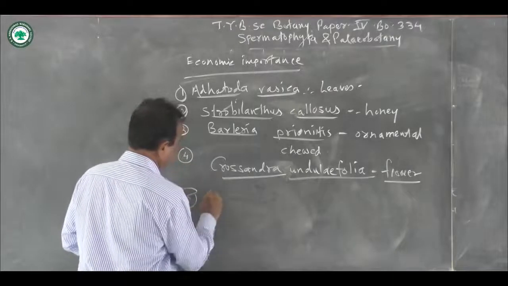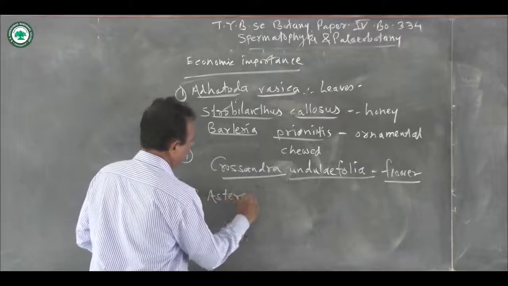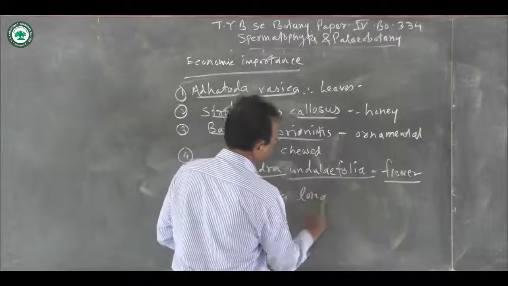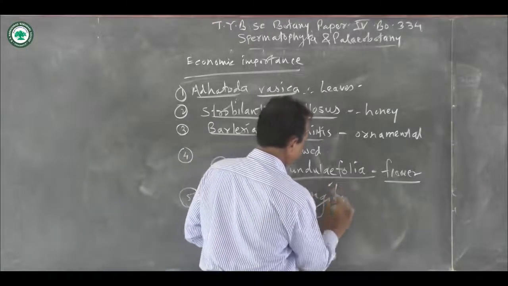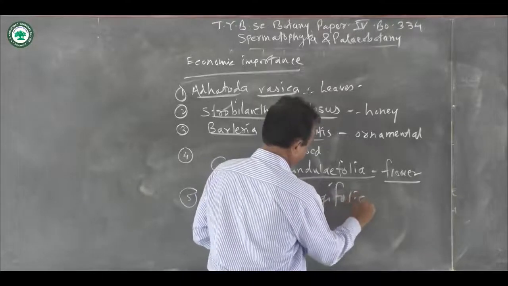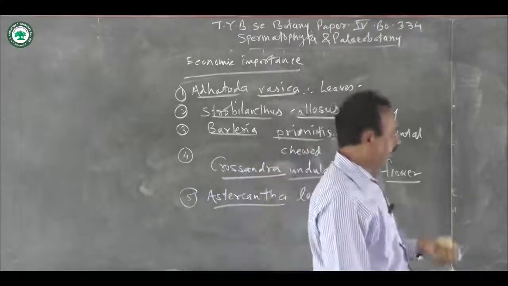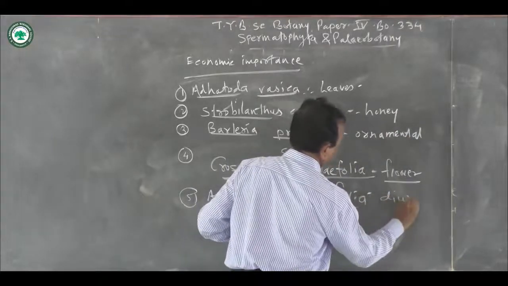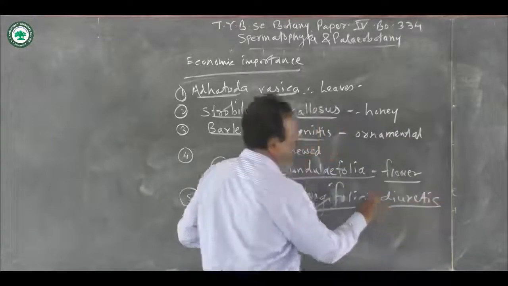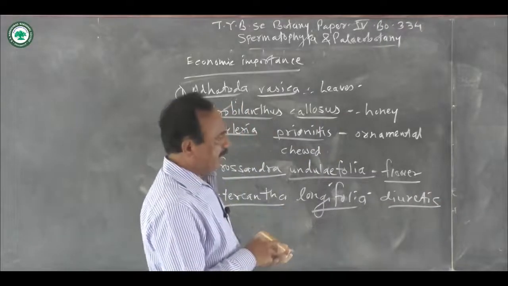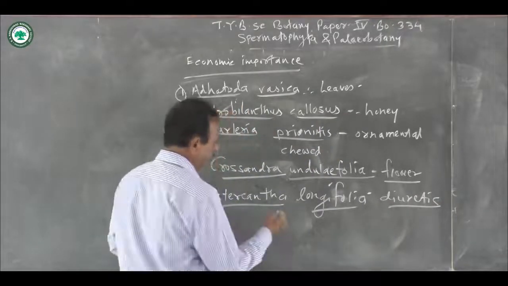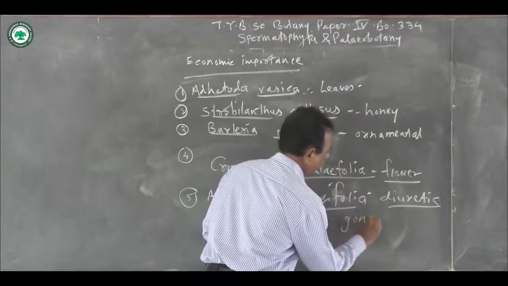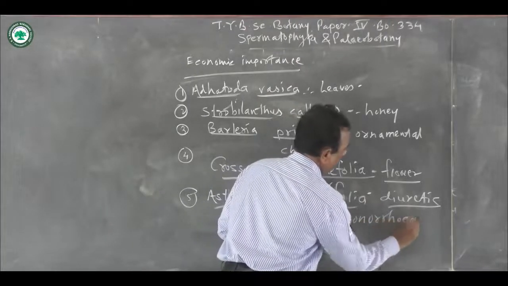Then the next plant is Asteracantha longifolia. The leaves and roots of this plant are diuretic, and the seeds of this plant are used in the treatment of gonorrhea.